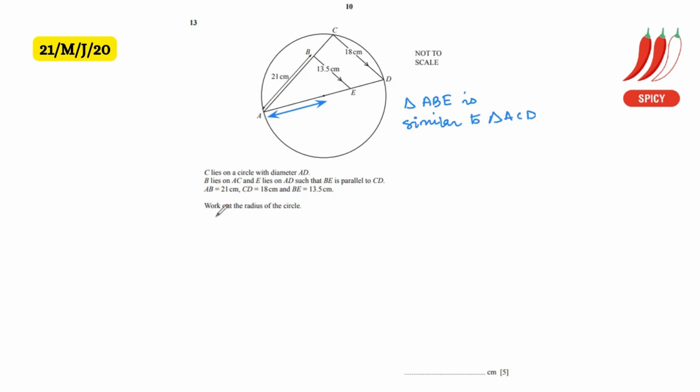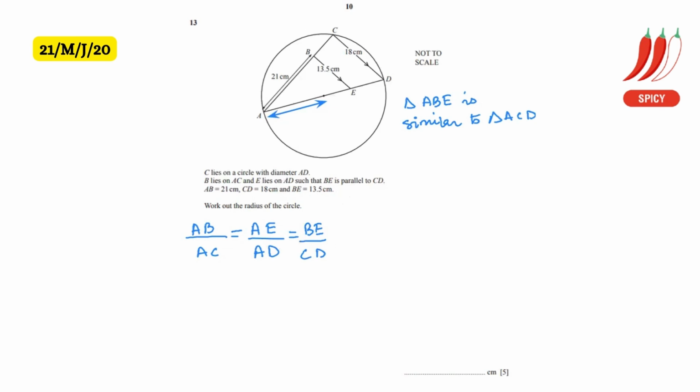And by that, what I mean is that AB over AC would be the same as AE over AD, which would also be the same as BE over CD. Enlarging AB to AC uses the same scale factor as AE to AD and as BE to CD.